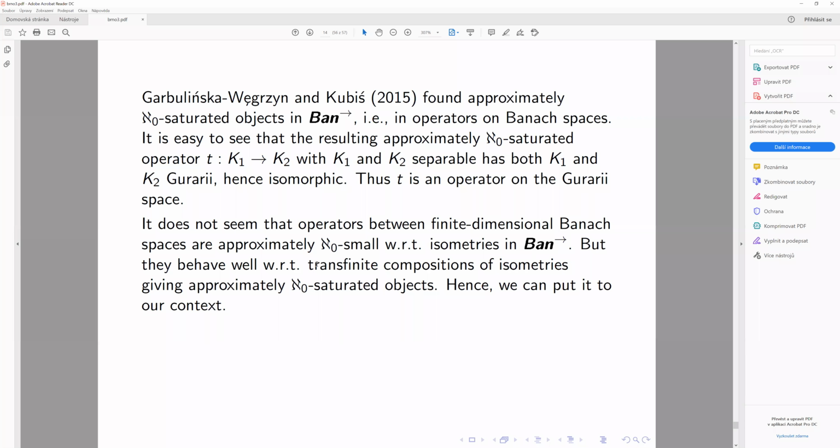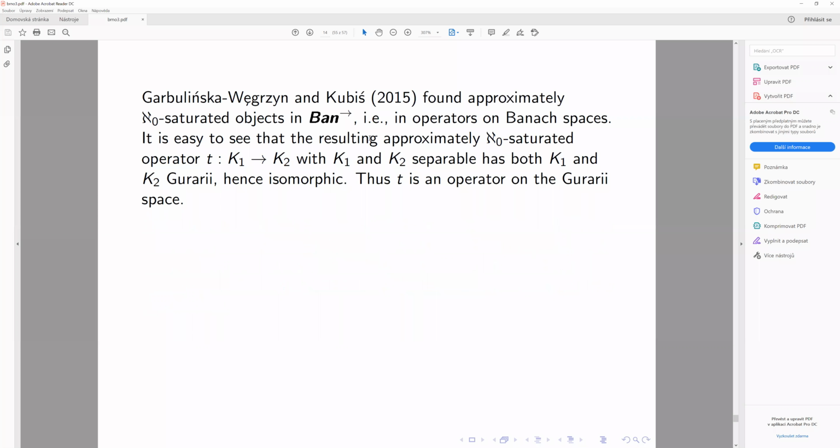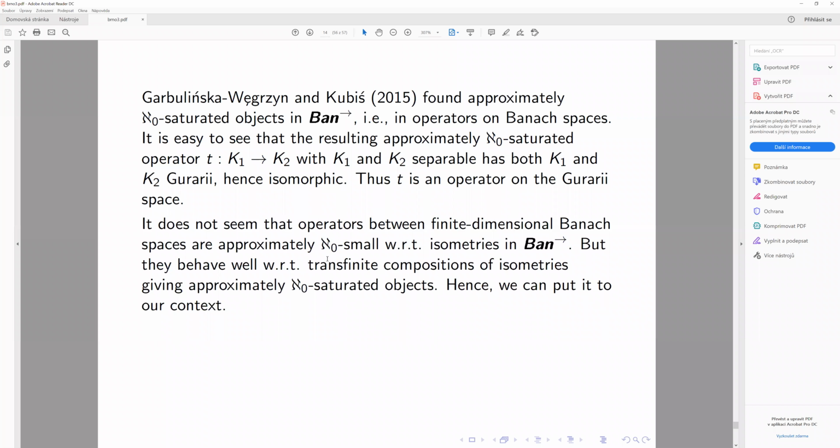So you still can do it, not by the same thing as before, but you can modify it a little bit, again, to give some kind of category theory understanding of what they did.